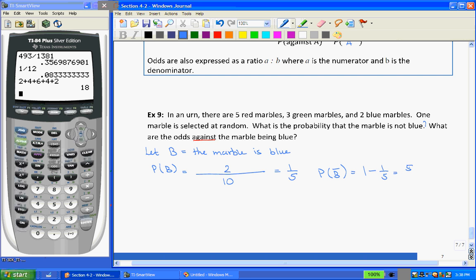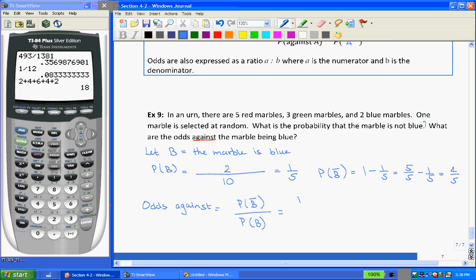So again, I'm going to use a common denominator and change my 1 into 5/5. So that is 4/5. And since we're going to do odds next, let's leave those as fractions. So now if I want odds against, remember this time I'm comparing probabilities. I want the probability of not being blue on top and the probability of blue on the bottom.